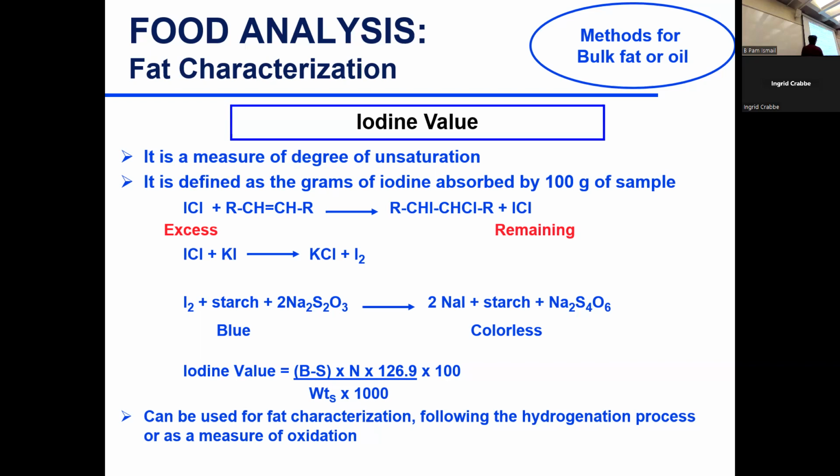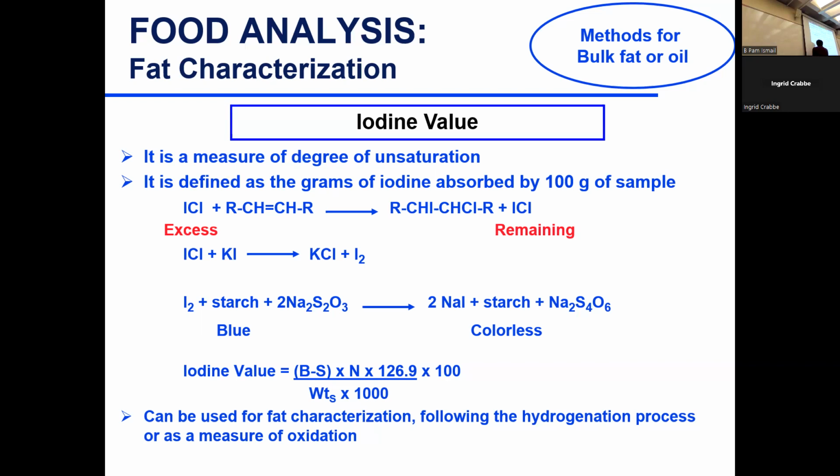One important thing is the blank, you run a blank. You would need to titrate more to get to colorless for the blank, because all of the ICl will be present in your solution. You don't have any double bonds. So the blank will take the maximum volume of sodium thiosulfate.